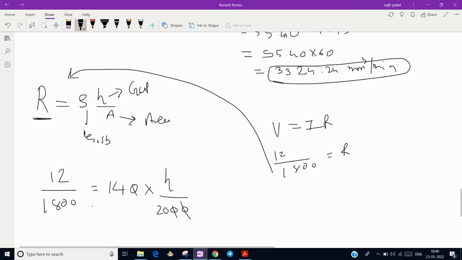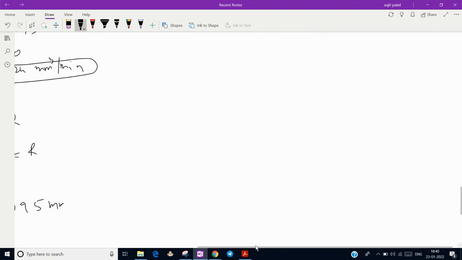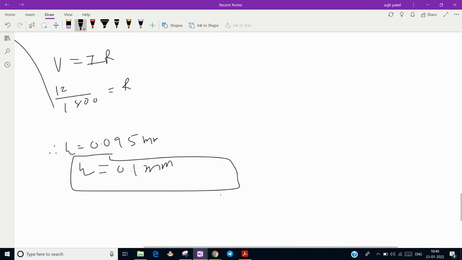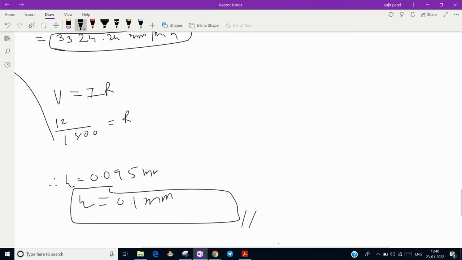So when you solve this in calculator, I am not doing the calculator part calculation, okay. So you will find h is equal to 0.095 mm, or the nearest answer is 0.1 mm. This should be the electrolyte gap. So this is the answer of this question.